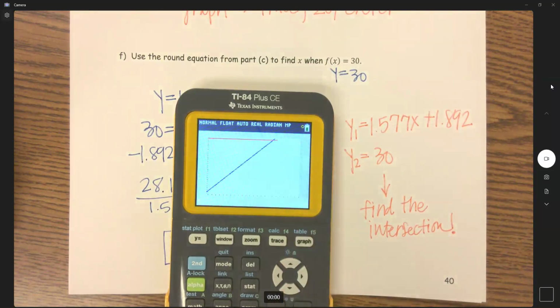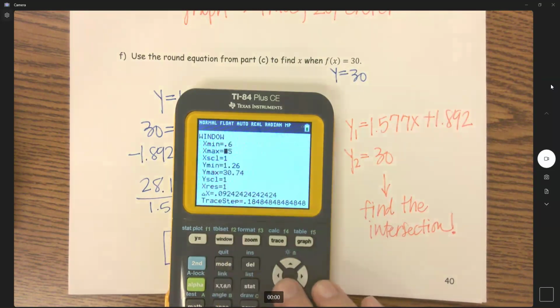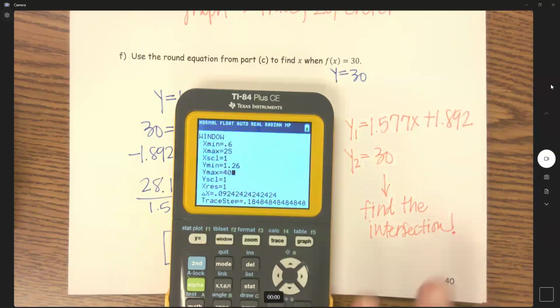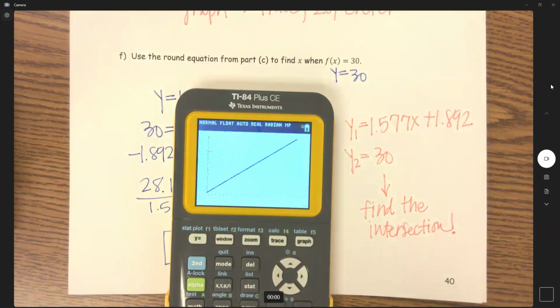I need to be able to see that intersection. So in case I couldn't see that, I would need to move my window. If I want to see it a little bit more clearly, I could even make my y max bigger than 30. It's barely bigger than 30. If I go 40, we can now see that a little bit more clearly, that intersection point.